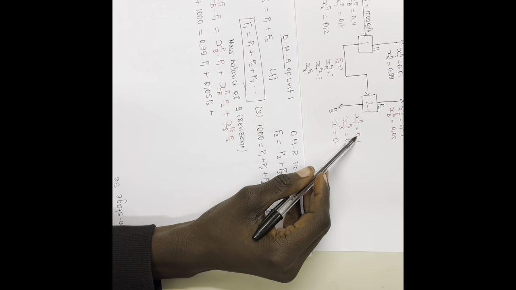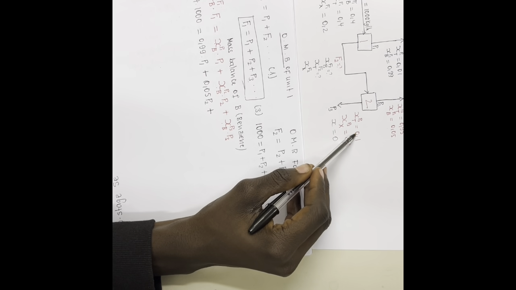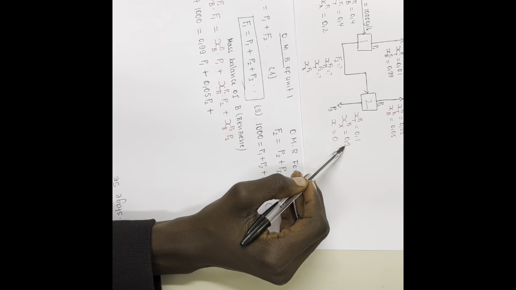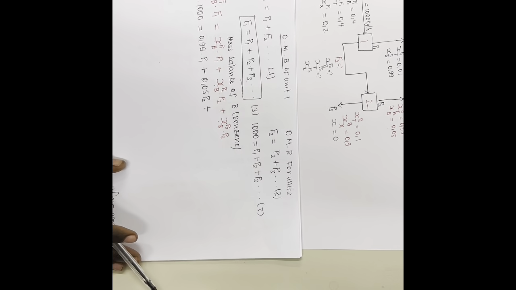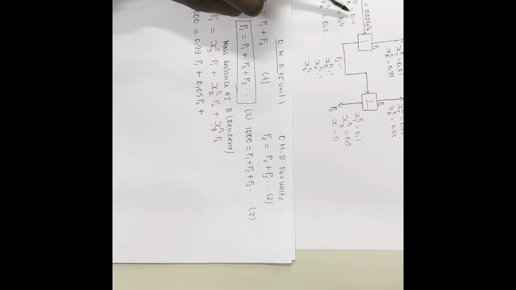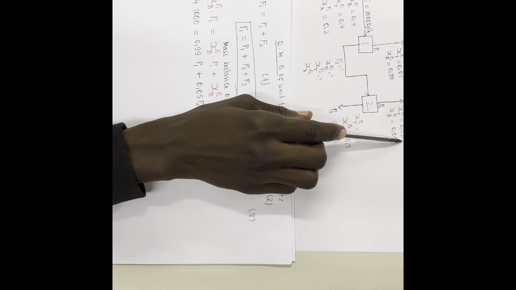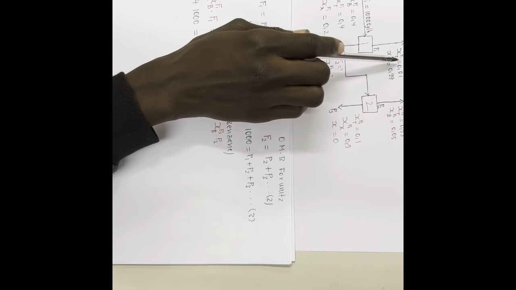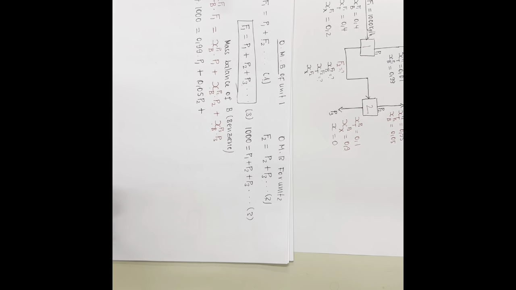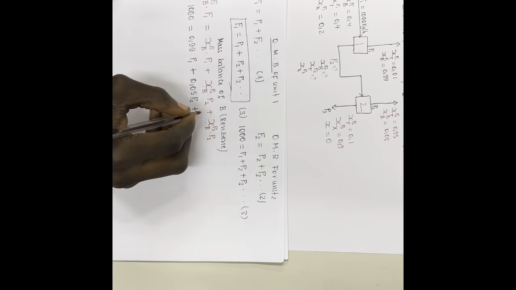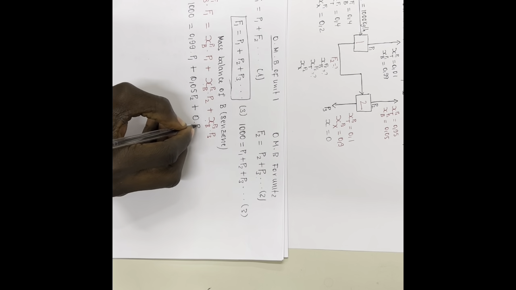Because you already add this 0.1 plus 0.9 is 1, so the composition cannot go more than 1. Even if you check 0.4 plus 0.4 plus 0.2 is 1, 0.95 plus 0.05 is 1, so it must be only 1. Since it is already 1 and we were not given benzene, you're going to have 0 times P3.